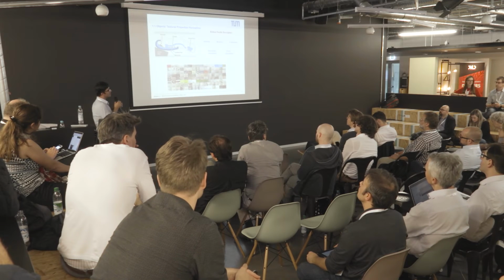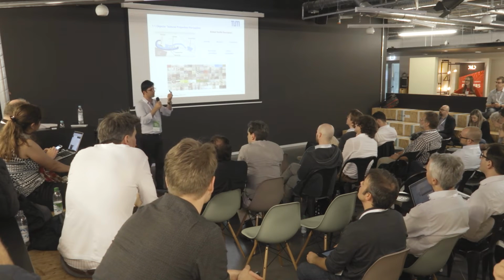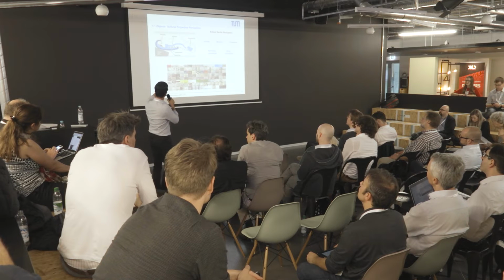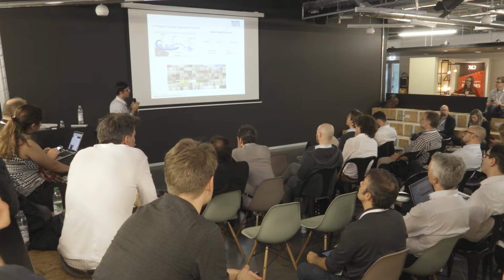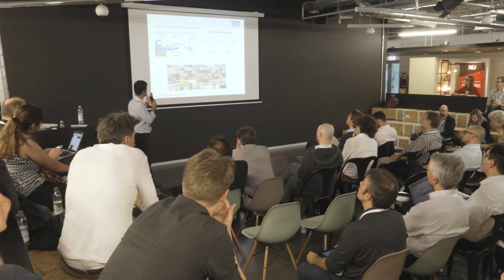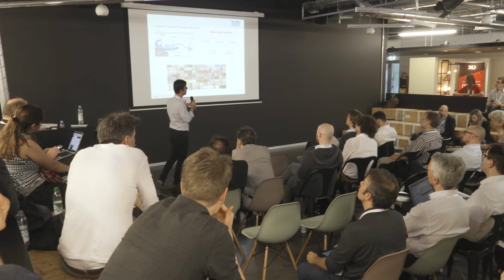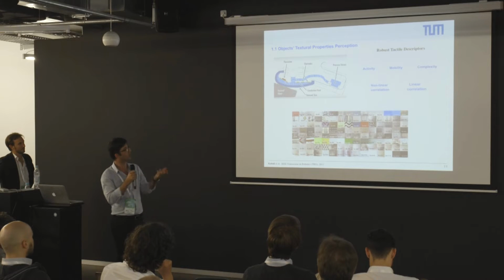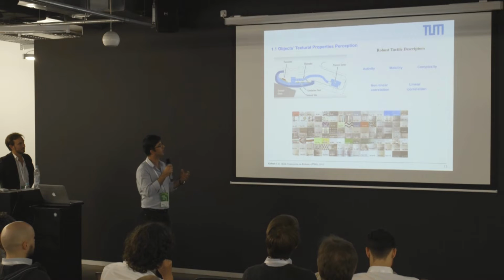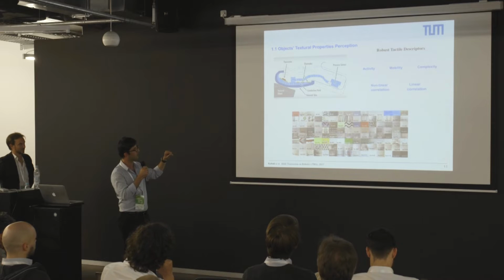Here, when the robotic hand or the robotic arm, fingers, with the sense of touch slides, it generates a kind of vibration, which is a raw signal for us. So what we are doing here is designing new feature extraction techniques, which we call activity, mobility, complexity, and linear and nonlinear correlation between the signals.